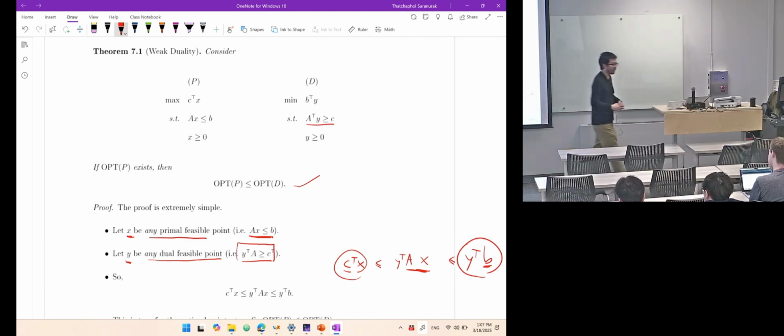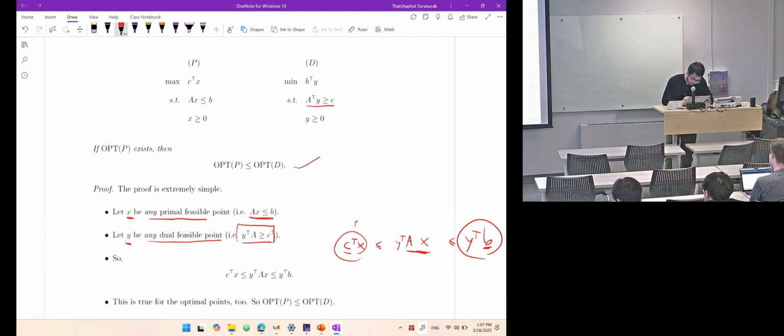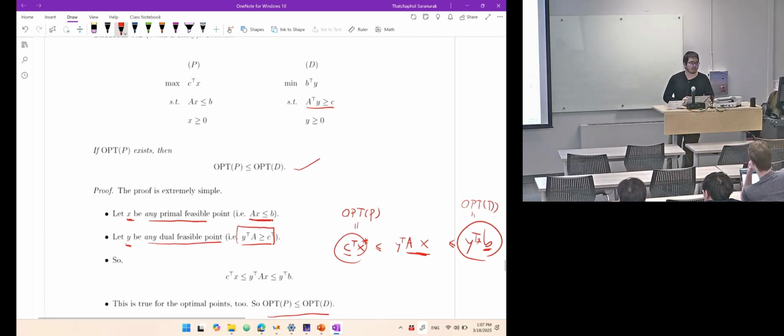It's true for the optimal point as well. If it's true on the optimal point, let's say this is x star, this is y star, the optimal point, this is just op of P, this is just op of D. So you have this. Okay, nothing surprising here.